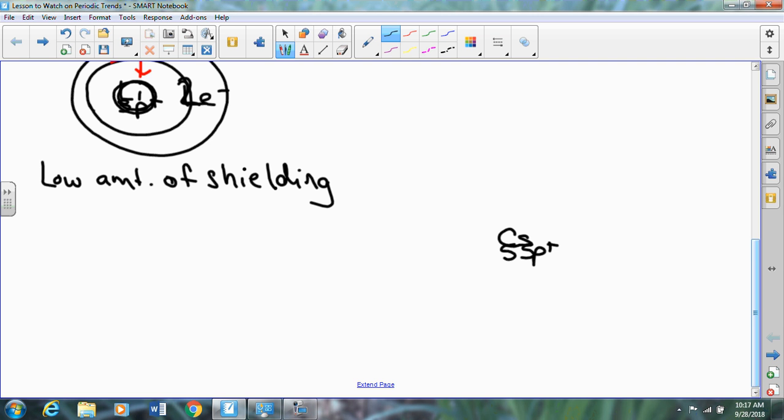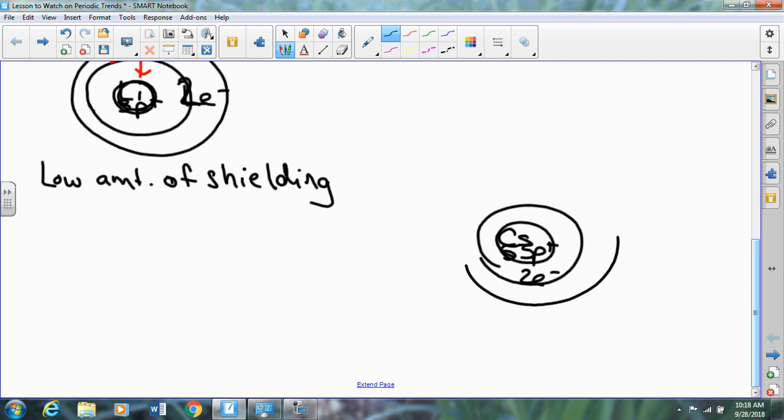I'm going to try to draw this. It's going to get very crowded, so think of rewriting it on another piece of paper, pausing the video if you want to. If we talk about the nucleus and then the first energy level, there are 2 electrons. In the second energy level, 2s and 2p, we have 8 electrons.